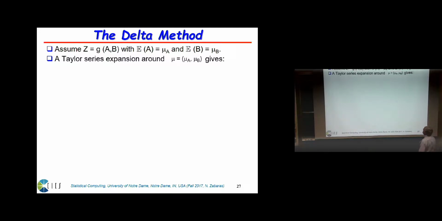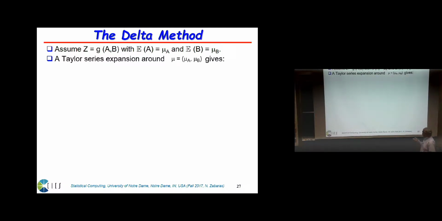Basically, the delta method tells you, if you have a function of two random variables, and you know the mean and the variance of each of those random variables, how do you calculate the mean and the variance of this function g of a and b? In our case, we have two random variables, in essence, which are our two estimators.